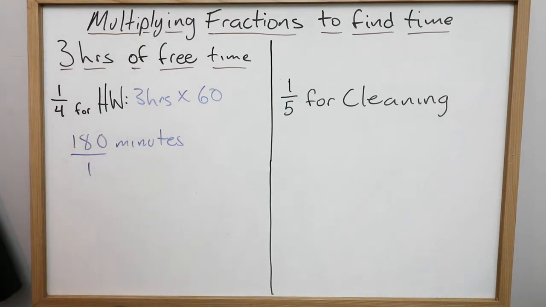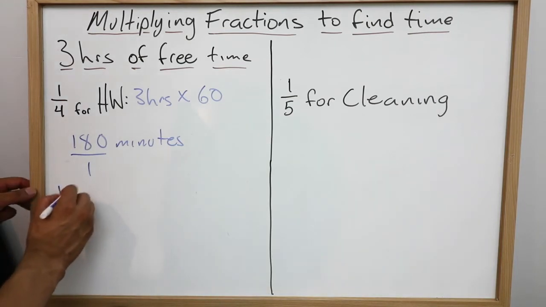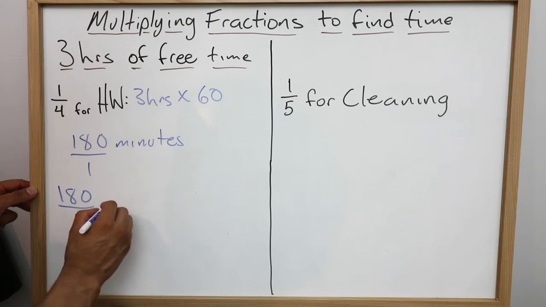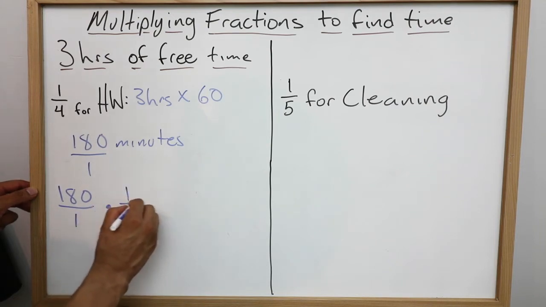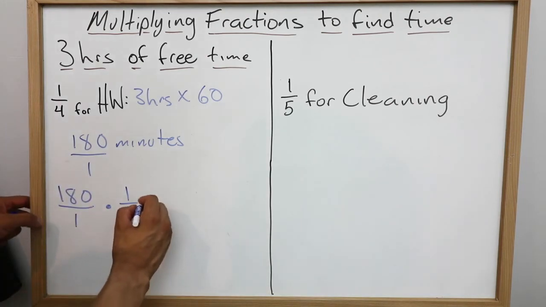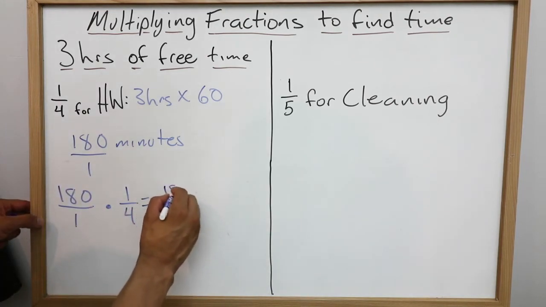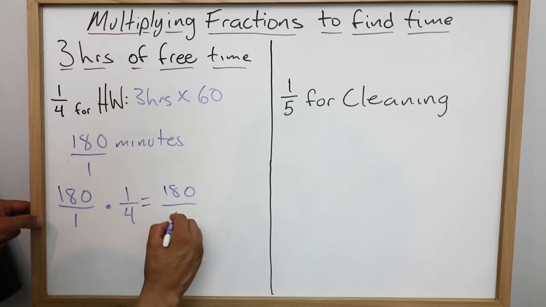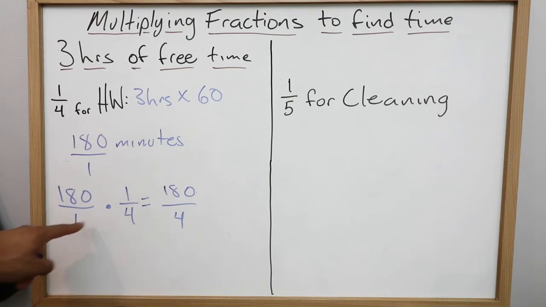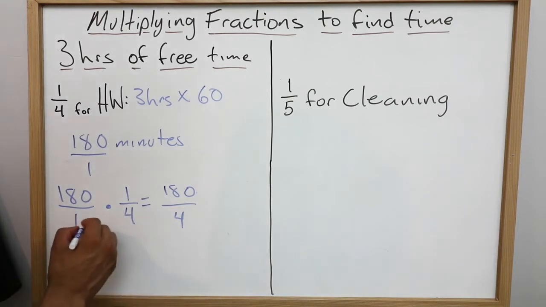So now I will multiply 180 times 1/4. That will be 180 times 1 is 180. 1 times 4 equals 4.